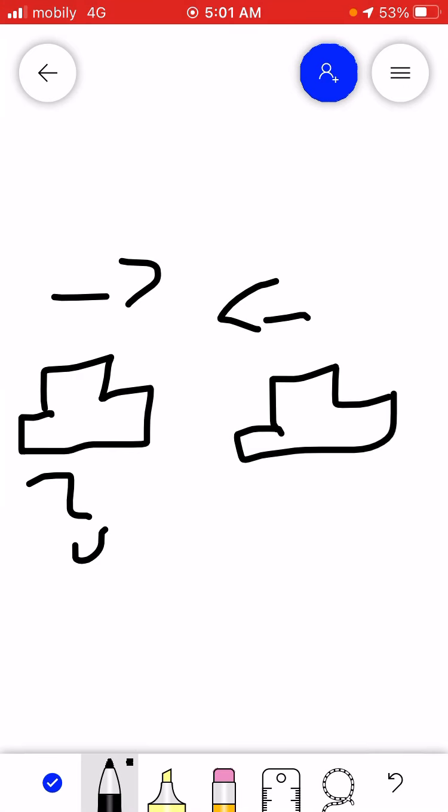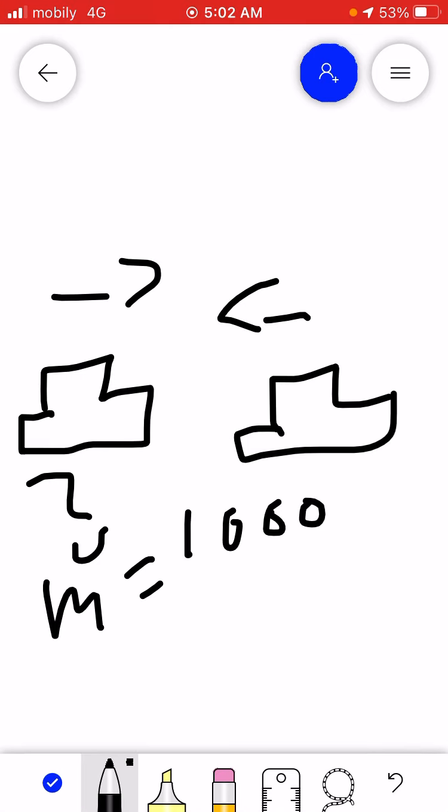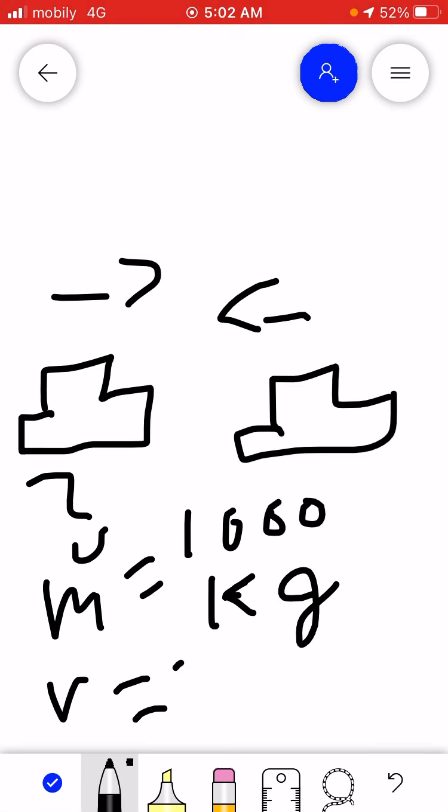So let's say the mass is equal to 3 kilograms. I mean, that doesn't make sense. How could a car be 3 kilograms? Let's say the mass is 1,000 kilograms. But the velocity equals 3 meters per second square.